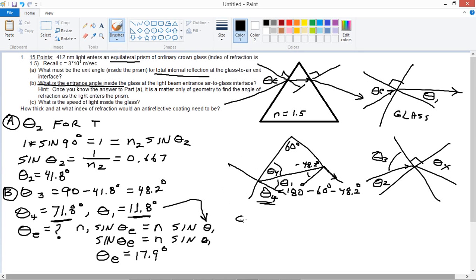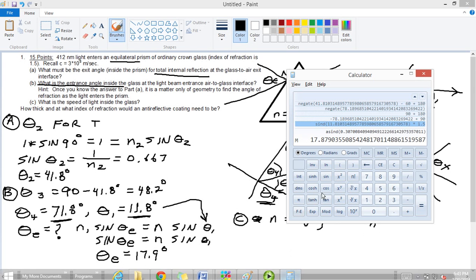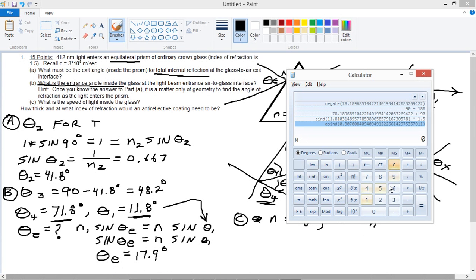Last question. What's the speed of light in glass? Well, the index of refraction is the speed of light in vacuum over the speed of light in glass. And just solve for v. I can work that out in my head. I'll go to the calculator anyway. 3 times 10 to the 8th meters per second is the speed of light.